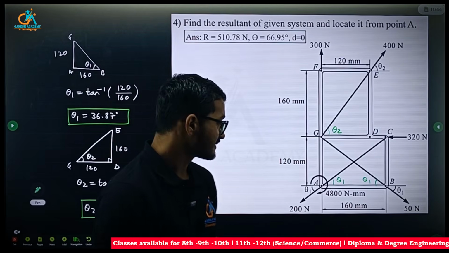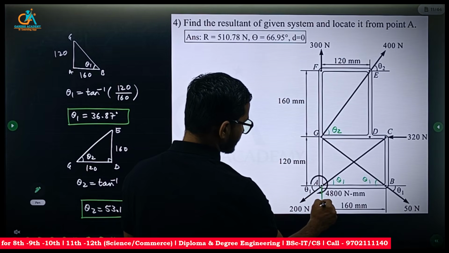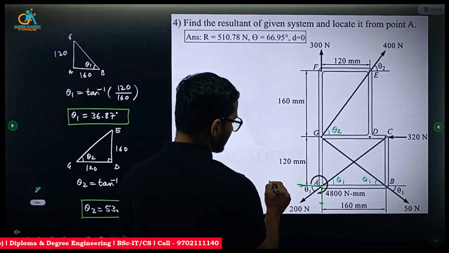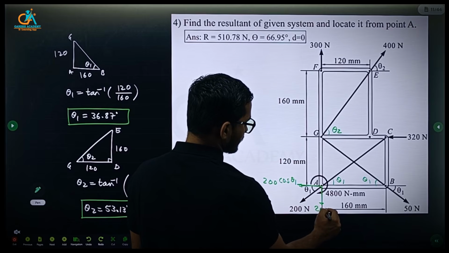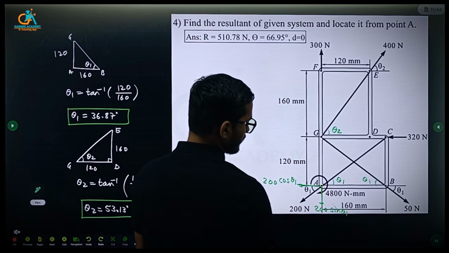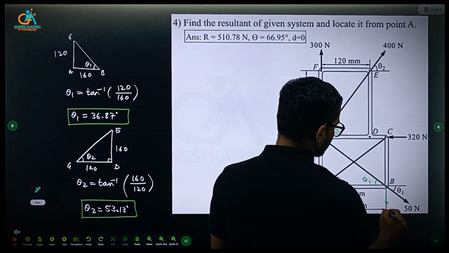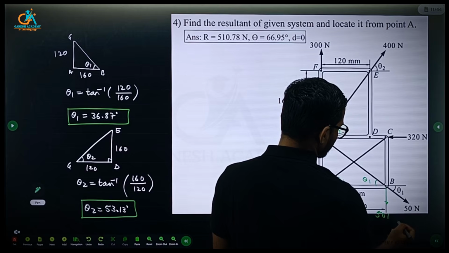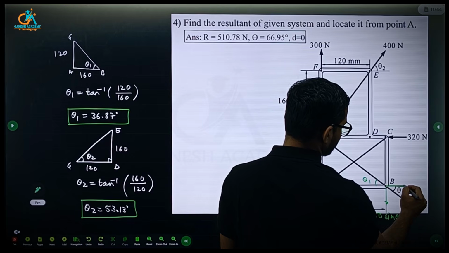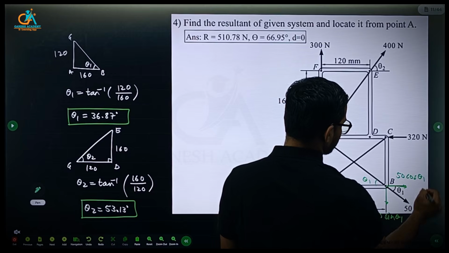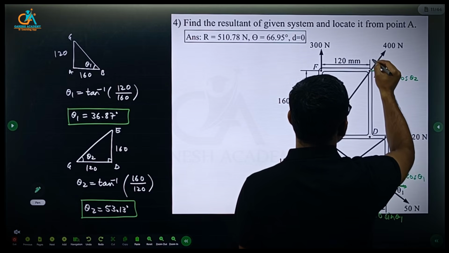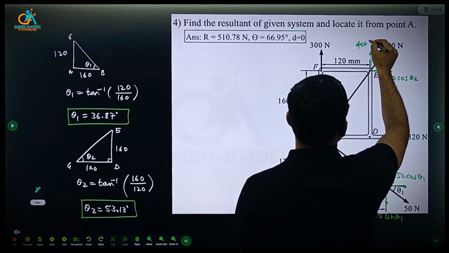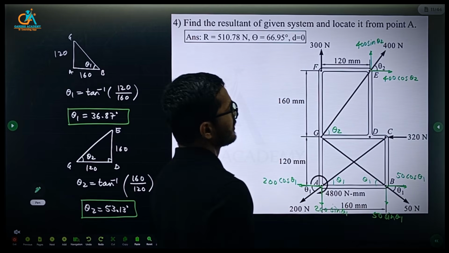Right, so we have found the angles. Resolve these forces. The component adjacent to the angle will be the cos component, so 200 cos theta 1, and this is going to be 200 sin theta 1 downward, and again 50 Newton, 50 sin theta 1, 50 cos theta 1, 400 cos theta 2 and 400 sin theta 2.